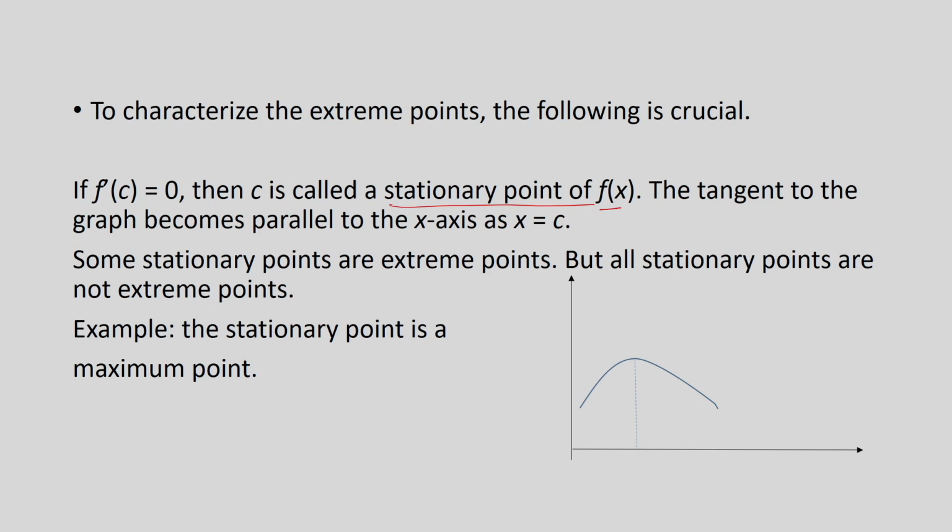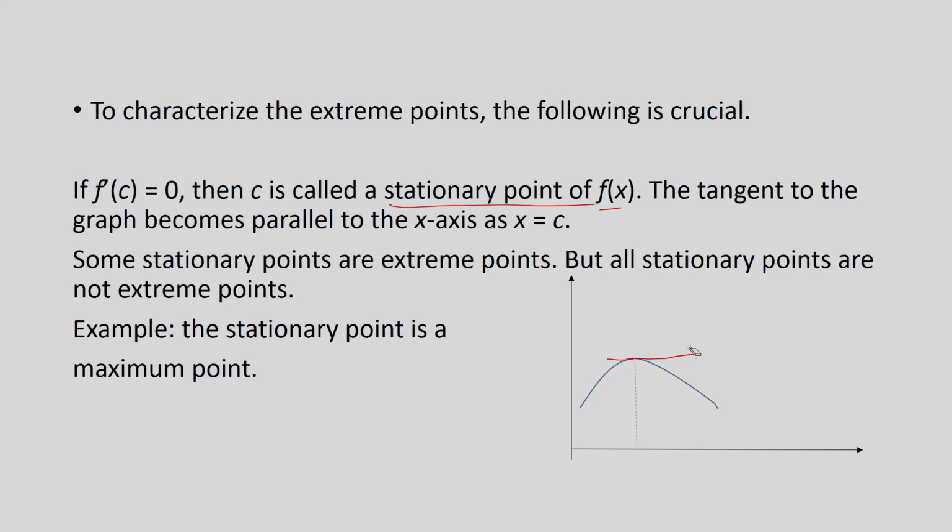If the slope of the tangent is equal to 0, that means the tangent is horizontal, which means it is parallel to the x axis. So, this is how we can geometrically represent this. At the stationary point, the tangent becomes parallel to the x axis.